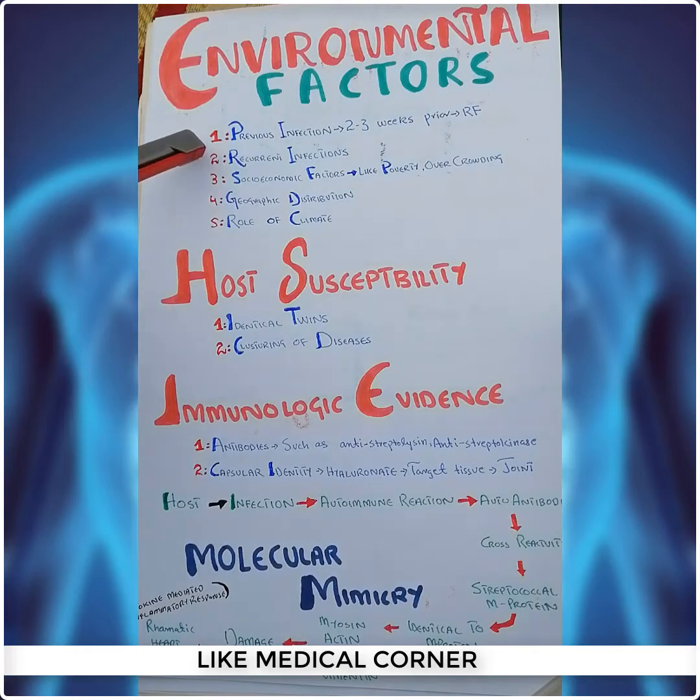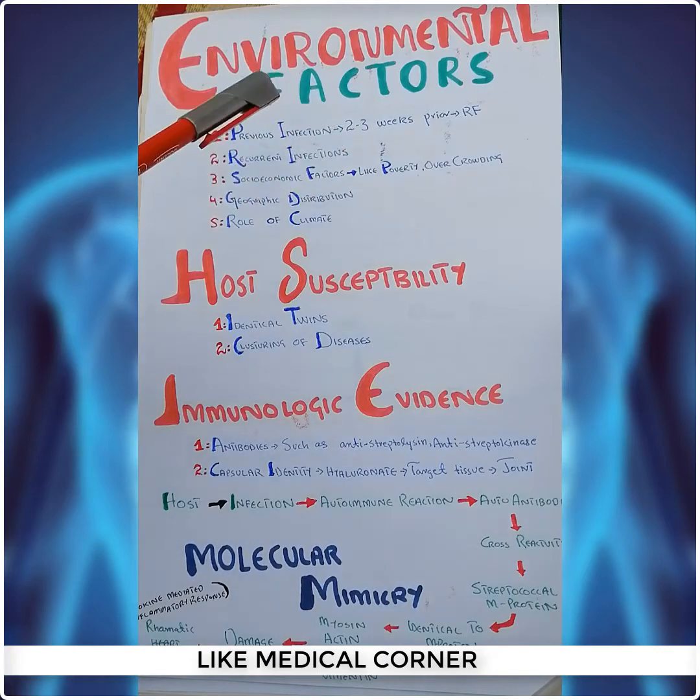The second is recurrent infections. As children are more prone to bacterial infections, recurrent streptococcal infections can lead to rheumatic heart disease. Third is socio-economic factors.